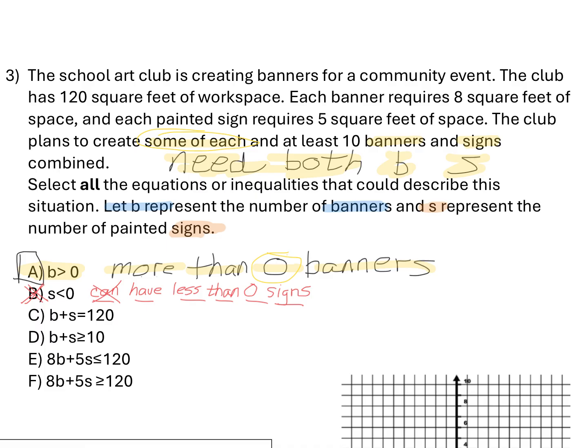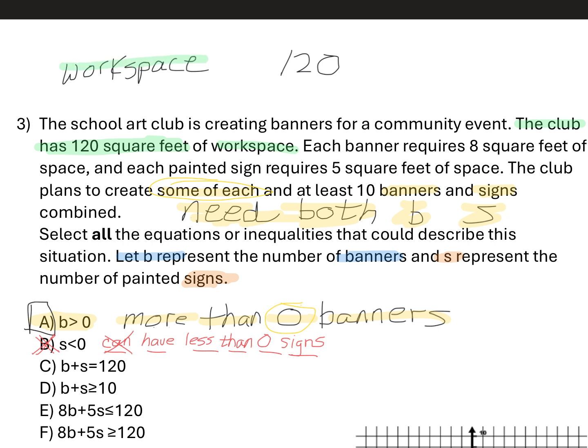Our next limit is the club has 120 square feet of workspace. So the workspace could be equal to 120 square feet if they decided to use the whole thing, or maybe they decide not to use all of the square footage that they have. So the workspace could also be less than.